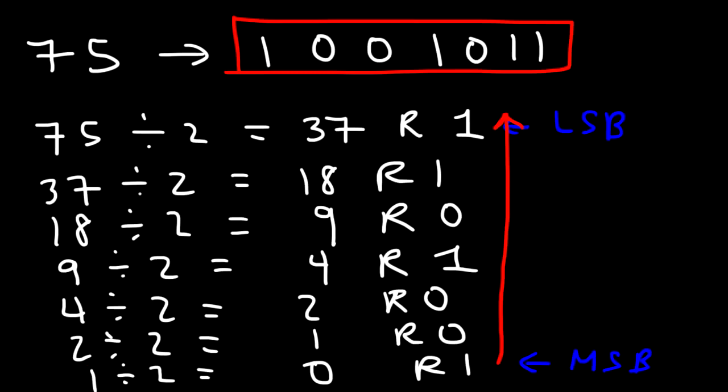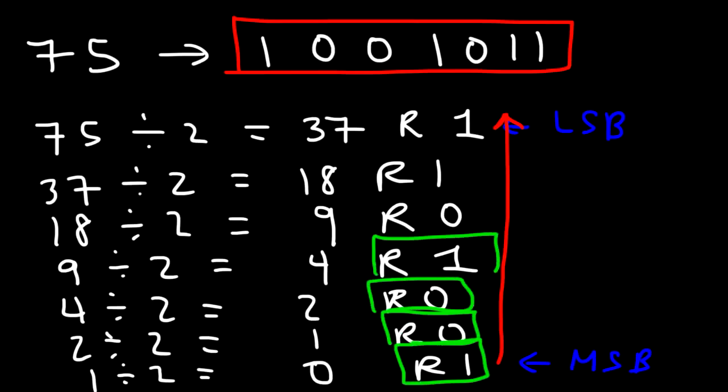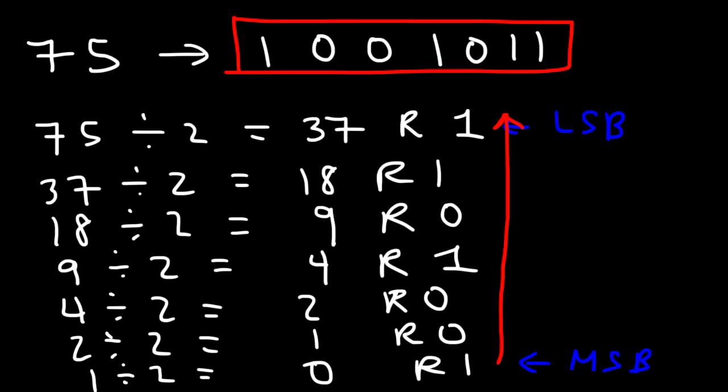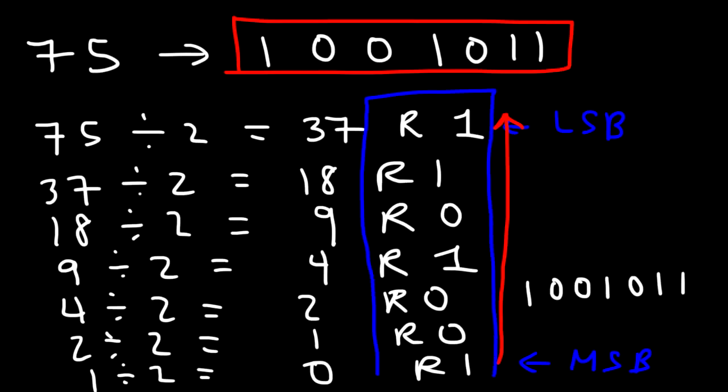So if you write it from bottom to top, it's 1, 0, 0, 1, 0, 1, 1. Hopefully you see that. And that's how you can get the same answer using successive division.